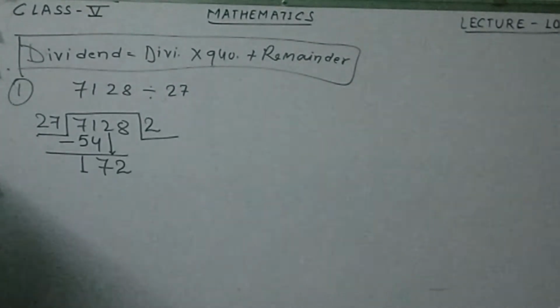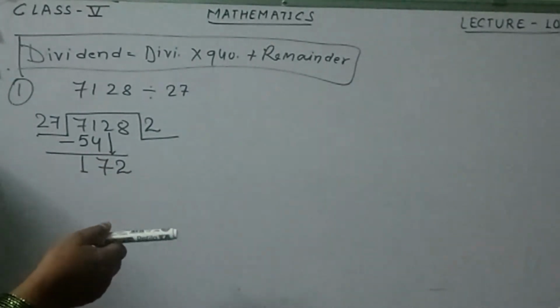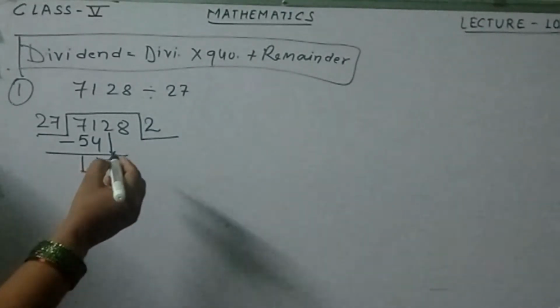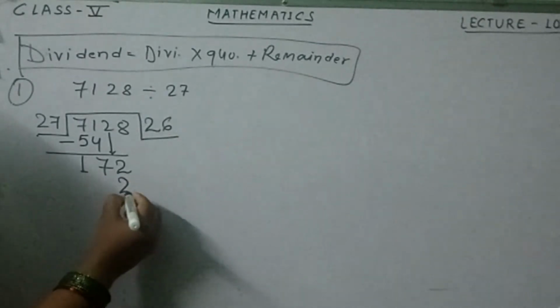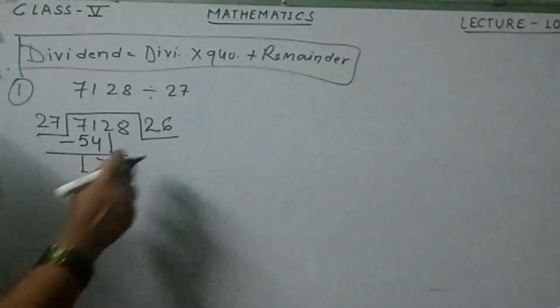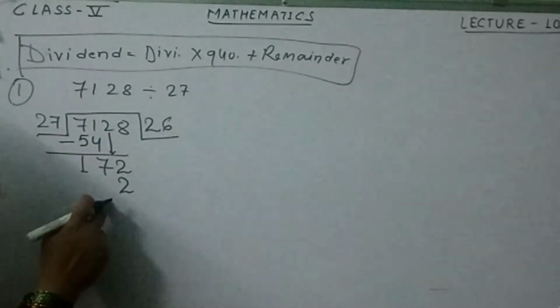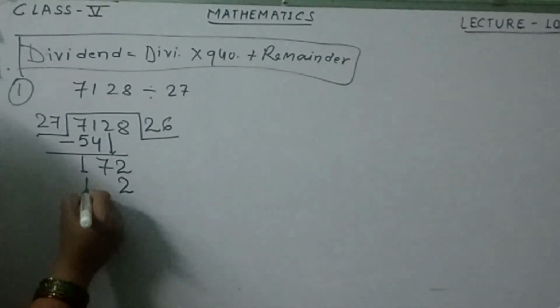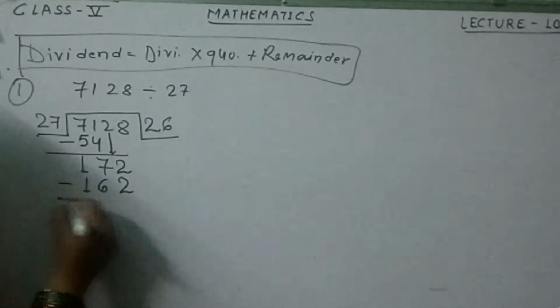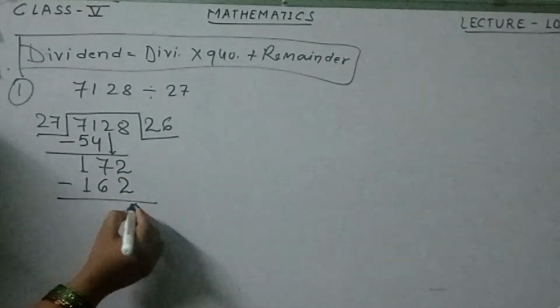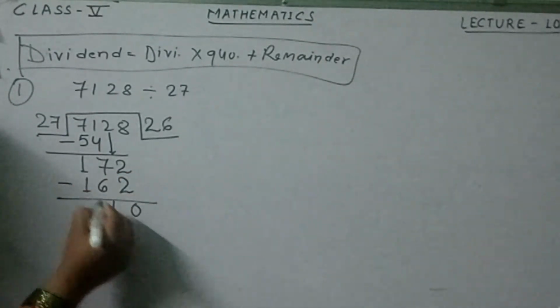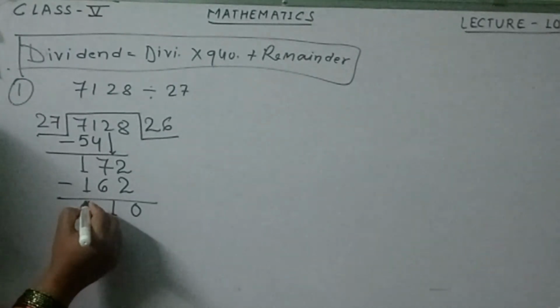Read the table. Multiply on rough paper and see, it will be 6 times. 6 sevens are 42, 4 carry, 6 twos are 12 and 4, that is 16. Again you subtract: 2 minus 2 is 0, 7 minus 6 is 1, 1 minus 1 is 0.